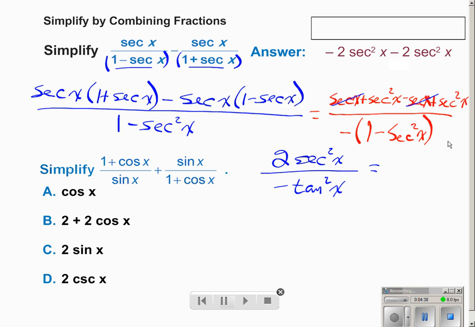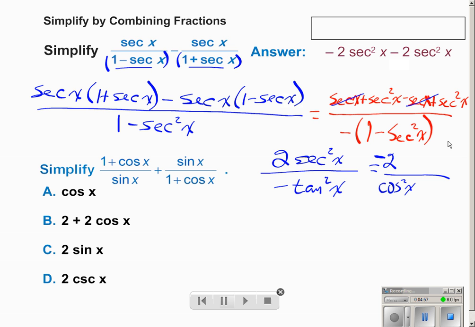Well, secant squared is 1 over cosine squared. So we have 2 over cosine squared x. And tangent, I'm going to take the negative from the tangent and just put it in front of the whole fraction there. Tangent is sine over cosine.